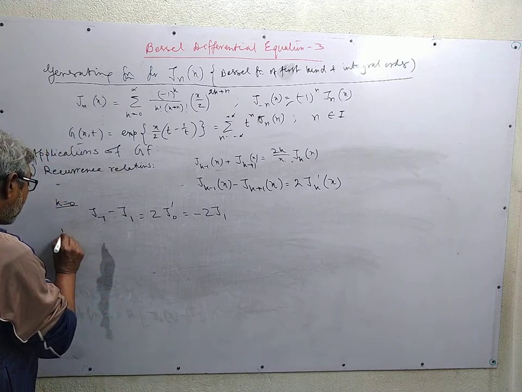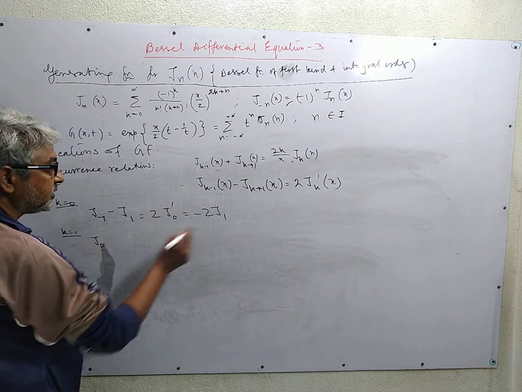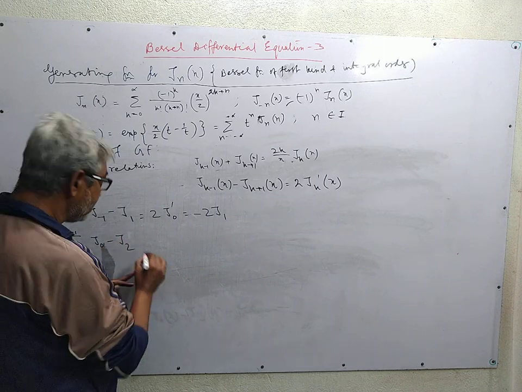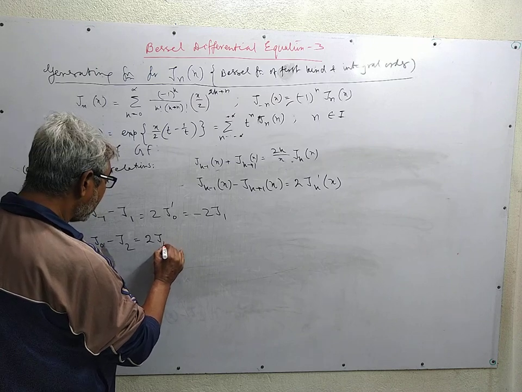We can put other values. If we put k = 1, then we get J_0 - J_2 = 2 J_1'.